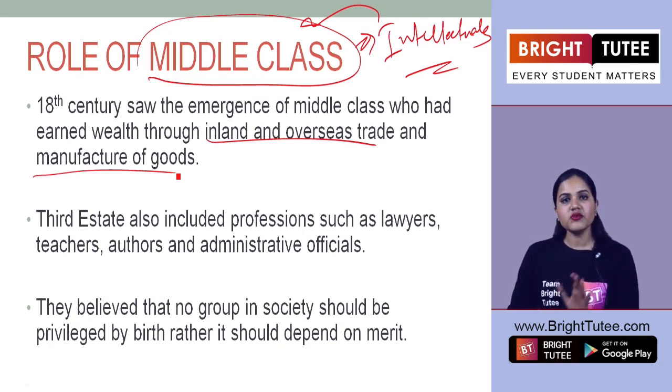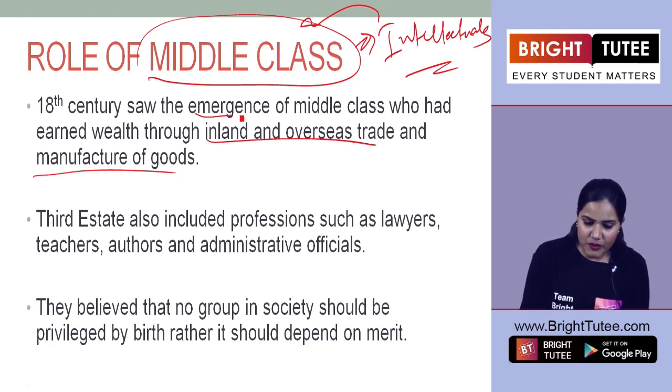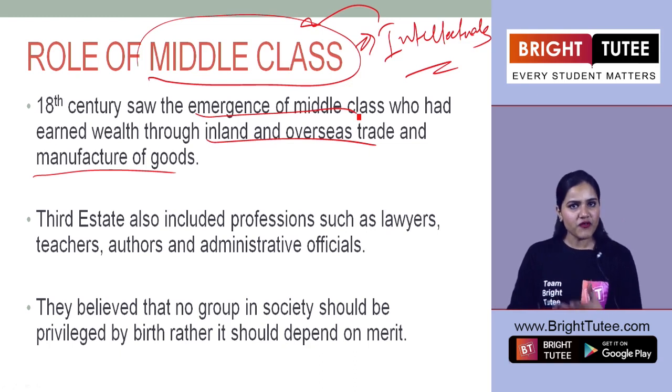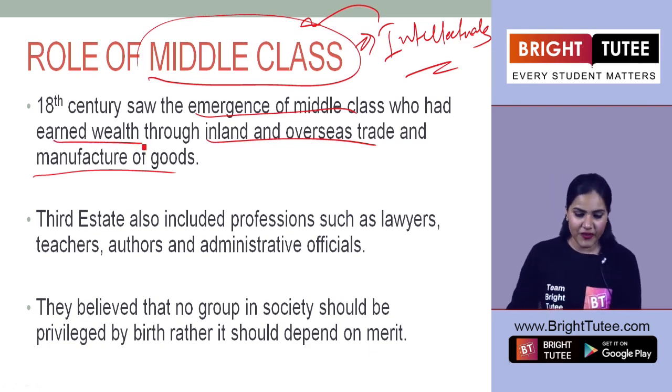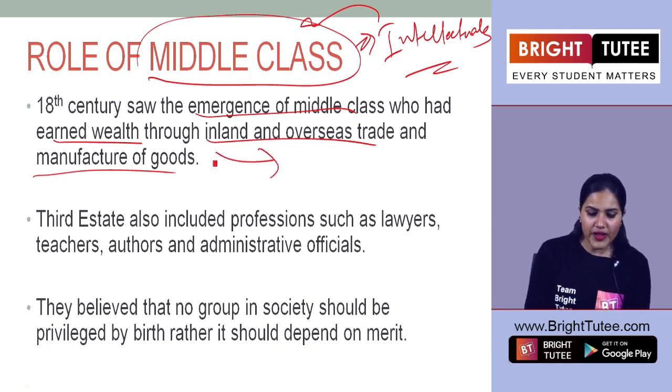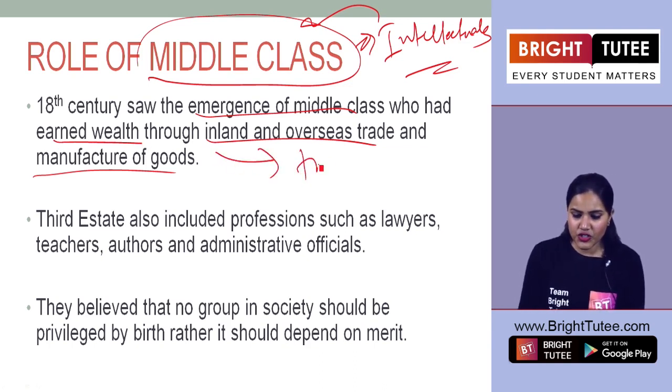So in 18th century, what are we seeing? That there is an emergence of middle class. Before this, when we were talking about the third estate, we know that common people are included in that. So in that, we can include the big businessmen, right? These are the rich businessmen. In fact, there were some small businessmen also there. But here we see that during this period in middle class, there were people who were wealthy and also they earned their wealth through trade.